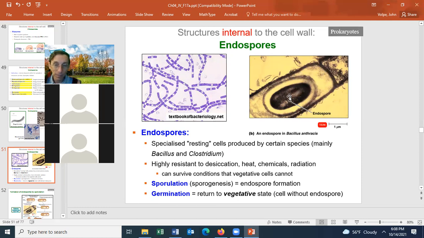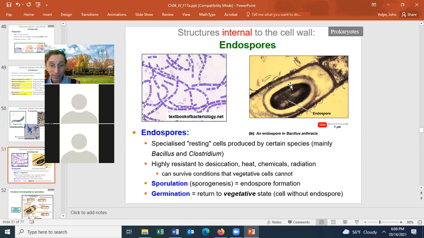And once the environment becomes favorable, the endospore can germinate and then return to being a vegetative cell, being metabolically active and growing. As I stated, endospores are resistant to degrading environments.